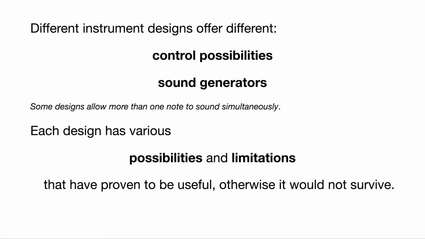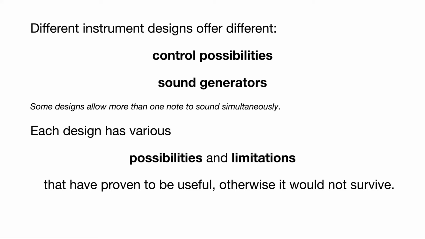Different types of instruments do different things. They have different control possibilities and they generate their sound in different ways. Each of these designs has different strengths and weaknesses, or different possibilities and limitations. What has happened is we found useful possibilities for a particular type of instrument and useful different possibilities for others.